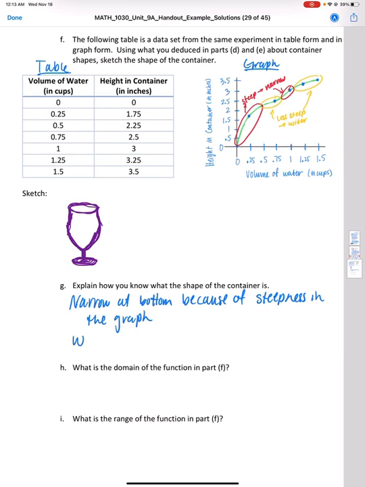It's wider in the middle and top because the graph is less steep.